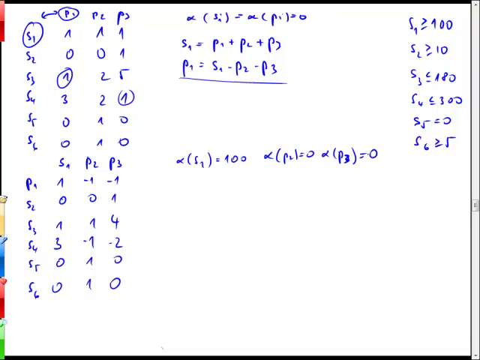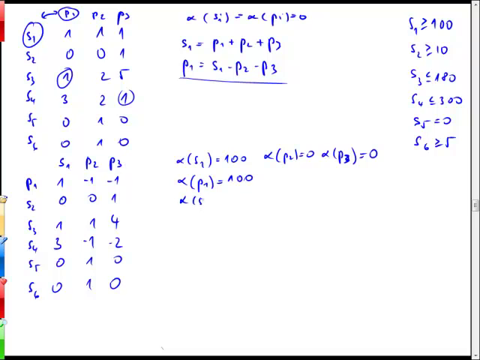We must not change the values of the other variables, P2 and P3, because otherwise we could violate the invariance that they remain in the bounds. So we only change the rows. P1 is now, I can compute its value. It is 100 because it is 1 times S1. P2 and P3 are 0.